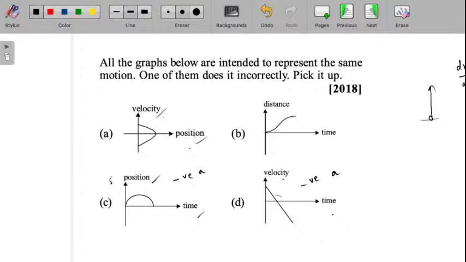In other words, a graph of v square versus delta x is a graph that looks like this.